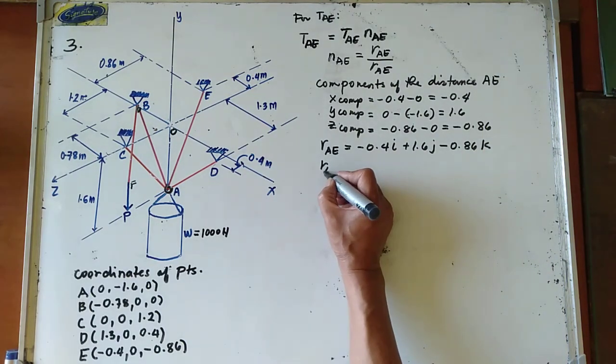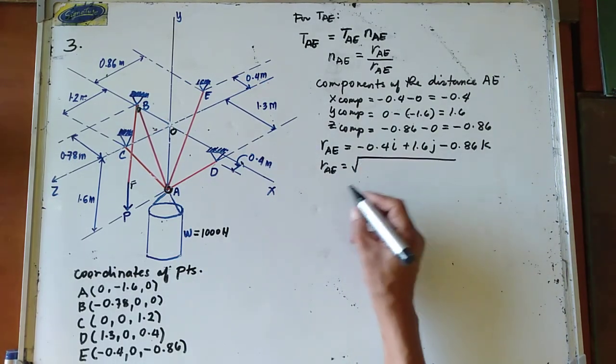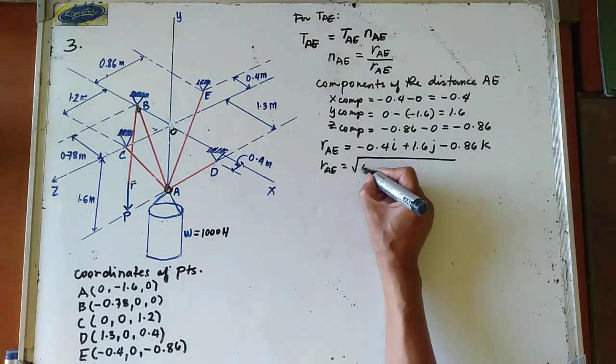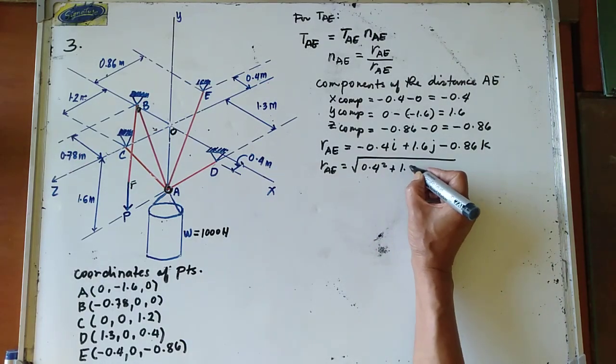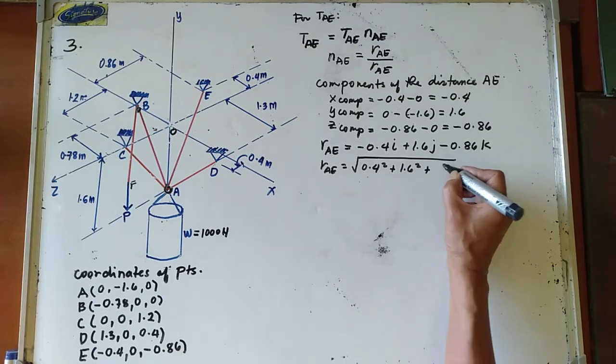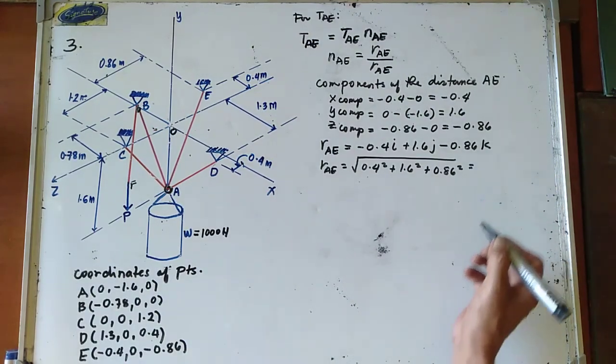So that its magnitude is now equal to the square root of 0.4 square plus 1.6 square plus 0.86 square.